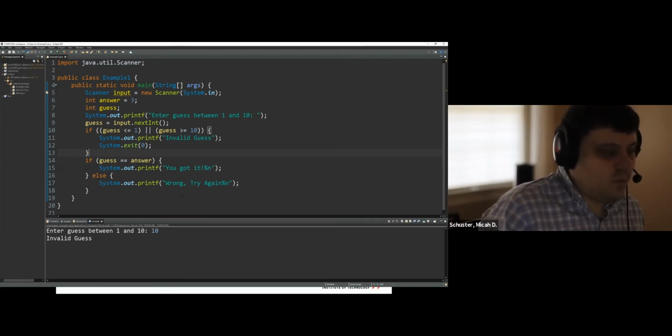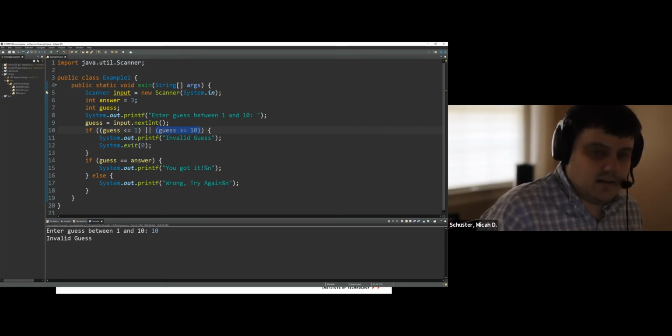So if guess is 1, I have this a little bit more complicated statement inside my if. So this is saying if guess is less than or equal to 1, or guess is greater than or equal to 10.